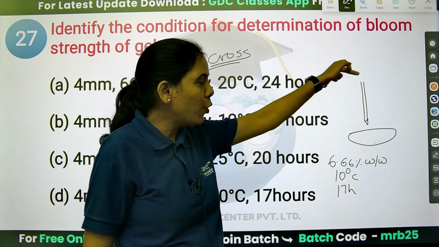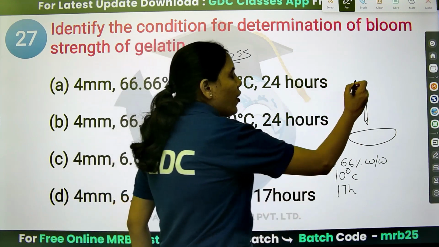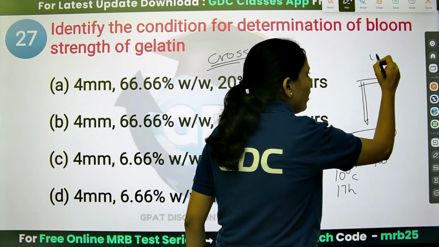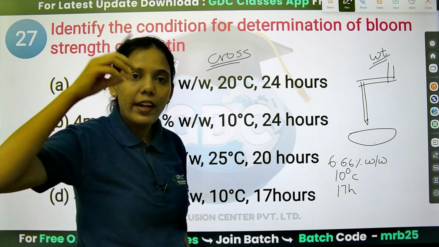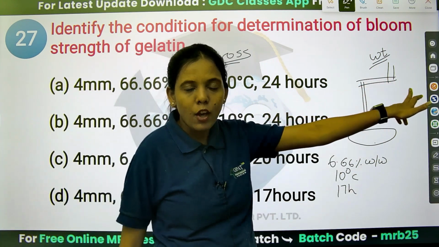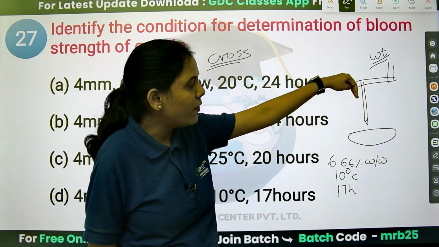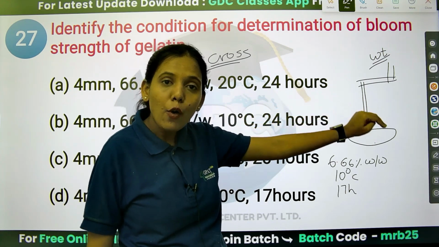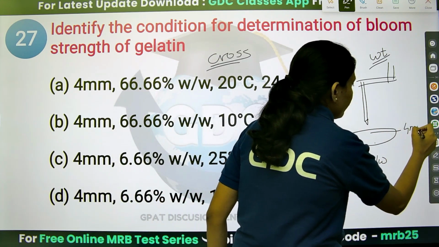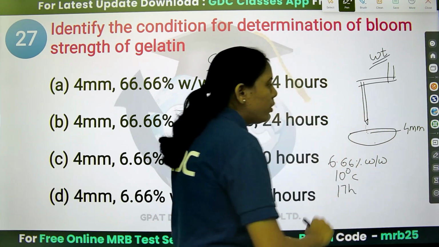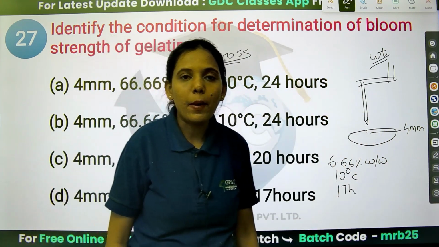Afterwards, you have to move this plastic plunger which is attached to certain weights. You have to keep adding weights into this machine so that the plastic plunger will go deep inside. How deep does it have to go? It has to go 4 mm deep. So this plastic plunger will go 4 mm deep.